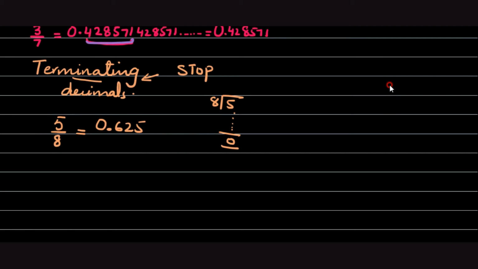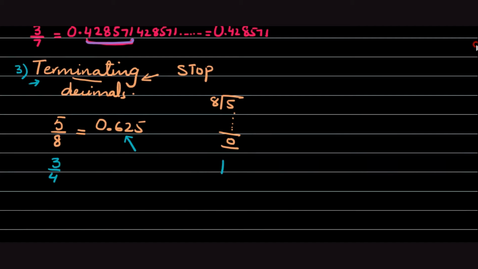It means that these are called terminating decimals, right? And you can convert them into a fractional form. So it means that these are also called rational numbers. Okay, let me give you some more examples. 3 upon 4.